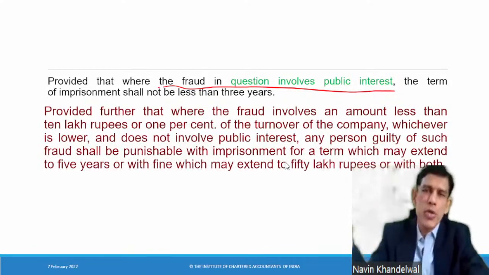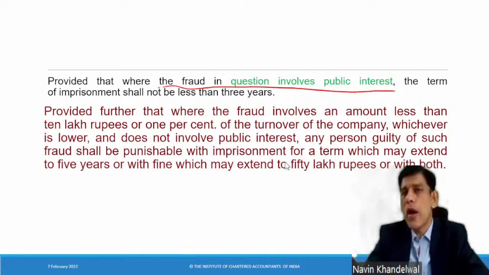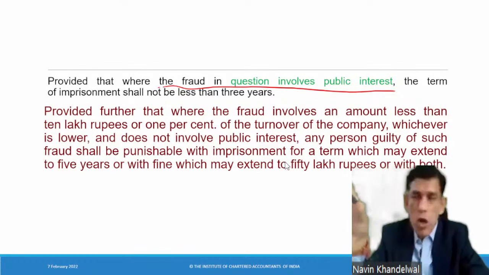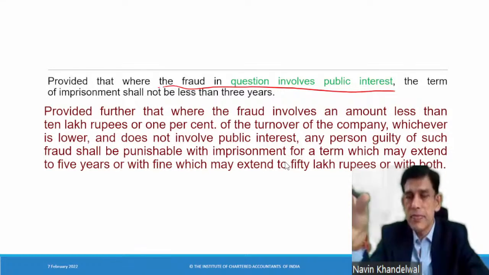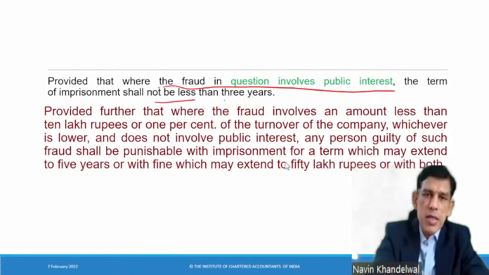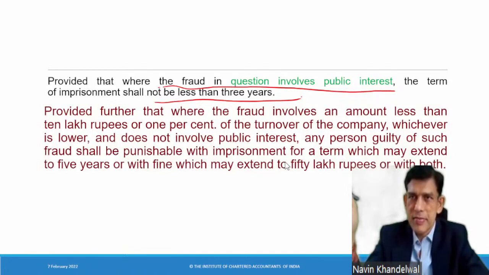Public interest means where you involve public money. You have raised money from the public and then there's a fraud involved. Or you have committed default from the bankers where public money is involved. So that is a public interest. So if the fraud involves public interest, the imprisonment will be of minimum 3 years, not 6 months. Minimum 3 years.